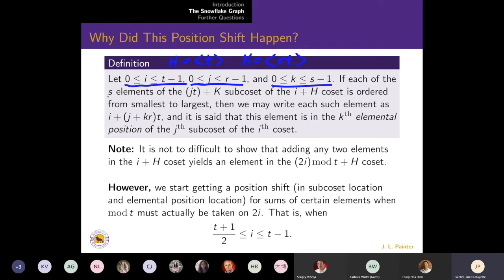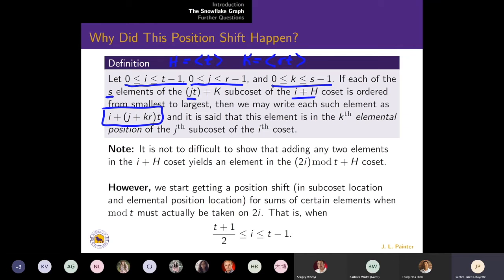So if we look at the ordered elements, S elements, in each subcoset, each subcoset looks like JT plus K, and that's a subcoset of, say, I plus H. So we're saying we're in the ith coset, and we're ordering all those things from smallest to largest. Then we can calculate each element with this expression: the coset position I plus, in parentheses, J times the K position.